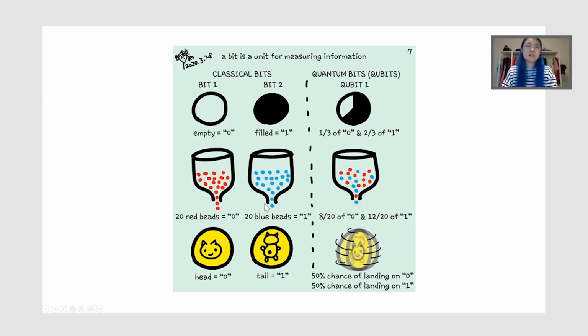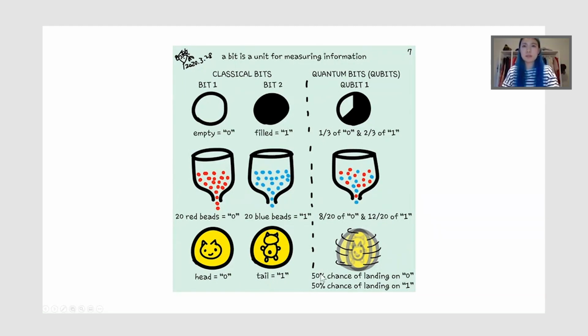You can use some other analogy, like a lottery bowl that has 20 beads. You can say if they're all red, you have 0. If they're all blue, that's a 1. But if you have a mix, you can have an 8/20 chance of getting 0 and 12 out of 20 being 1. Using a coin, you can say a head is a 0, a tail is a 1.